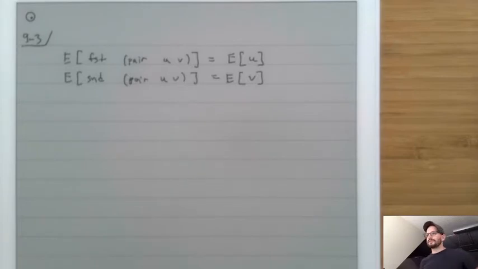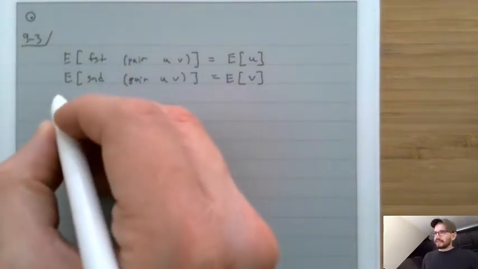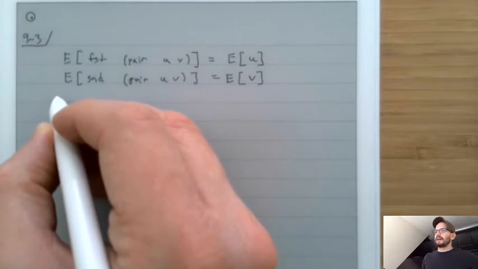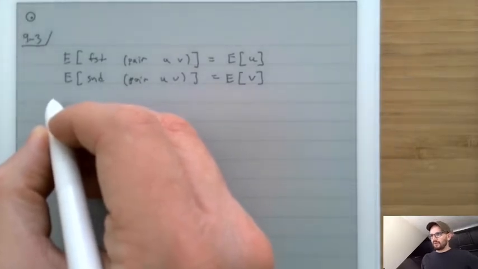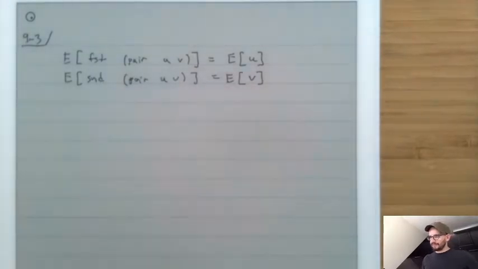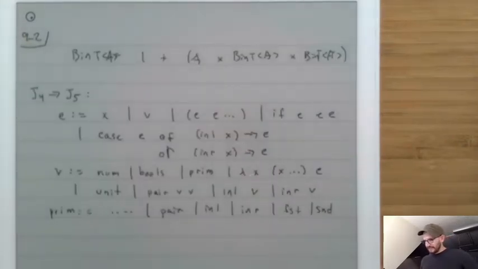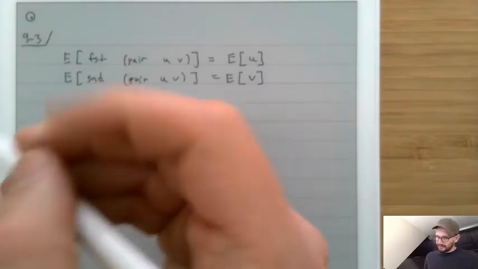Hopefully this makes sense. The next one is slightly more complicated, and this has to do with cases. So how do cases work?